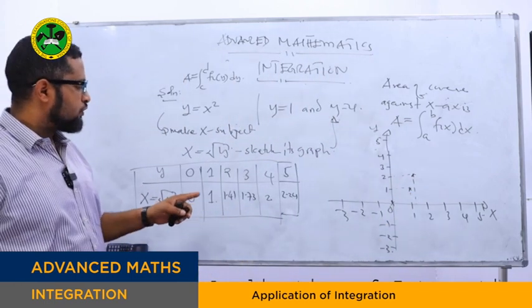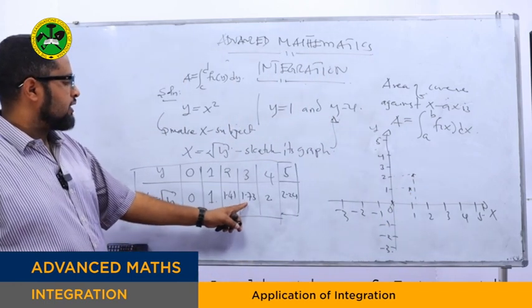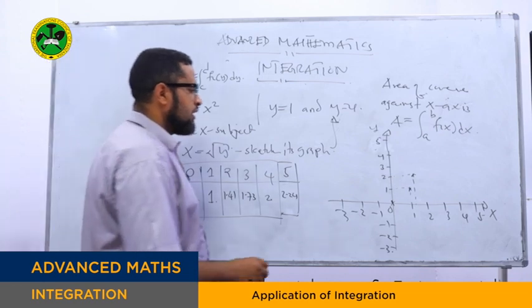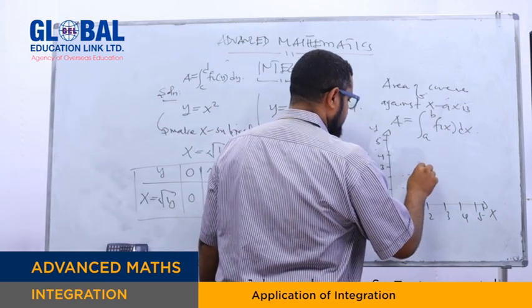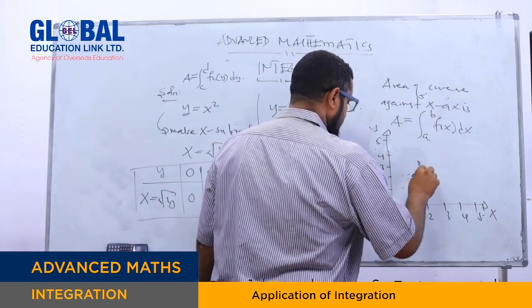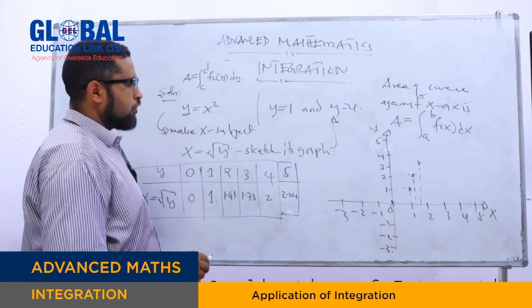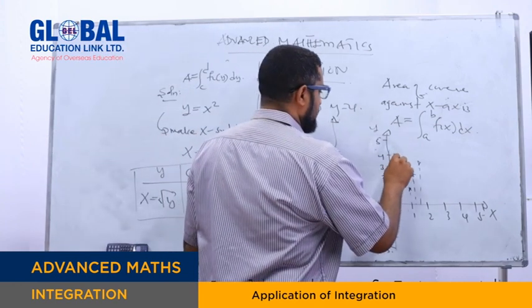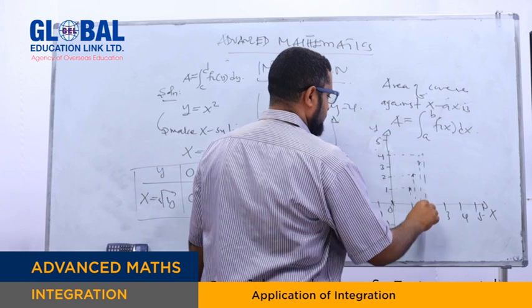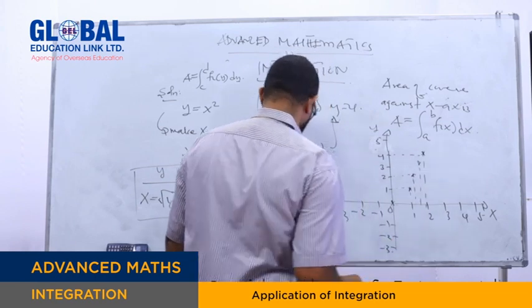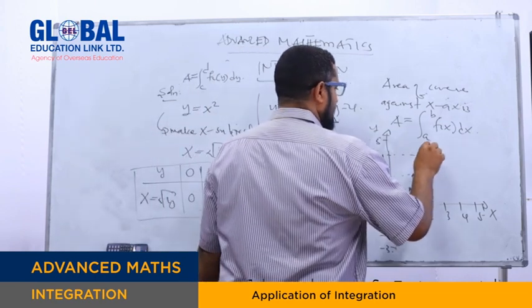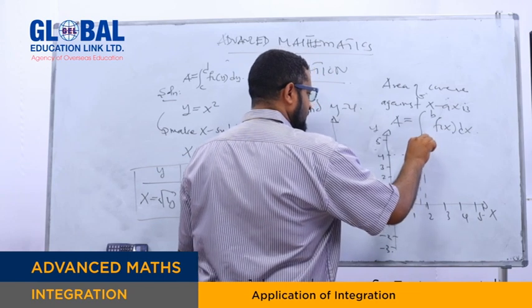When y equal to 3, the x value is 1.73. When y equal to 4, the value of x is equal to 2. Then 5. So the graph will be of this nature.